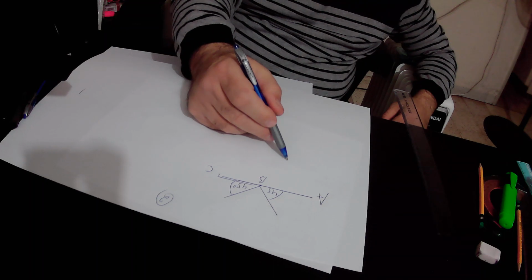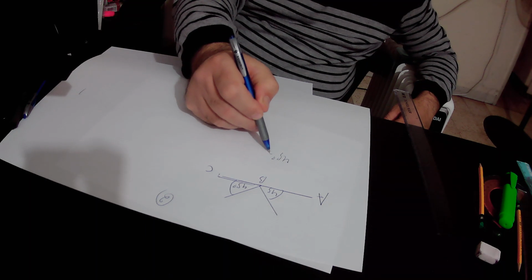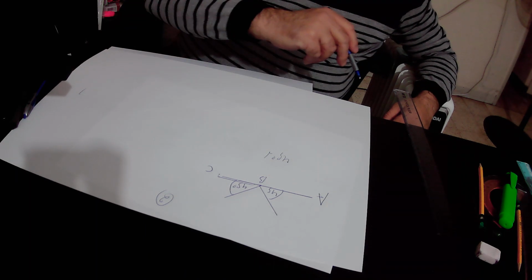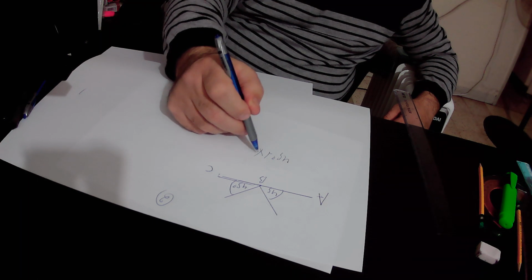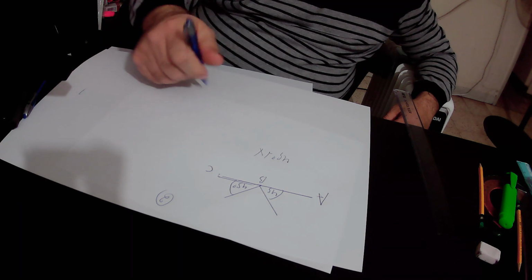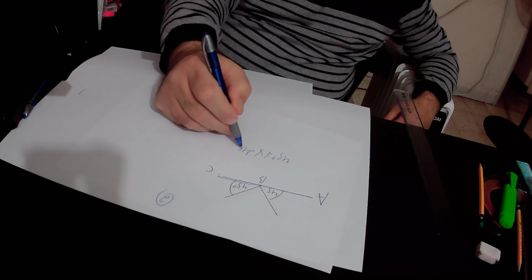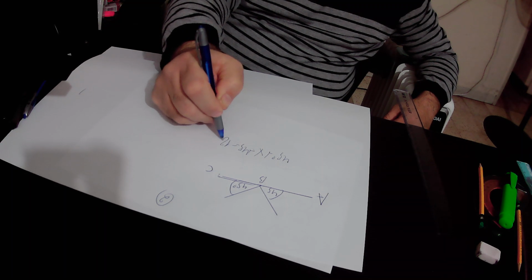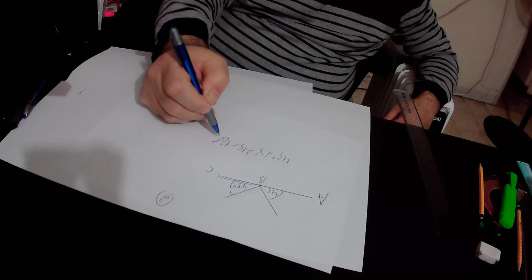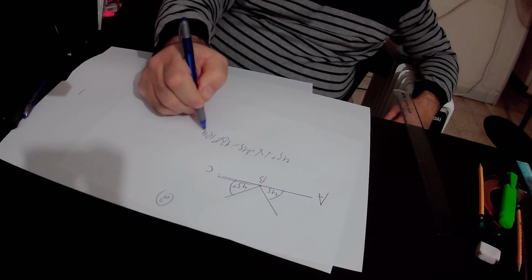We have this angle equal to 45 degrees, plus this angle that we will define as X, plus this angle equal to 45 degrees. In total, the sum of those three angles must be equal to 180 degrees according to rule number 3.